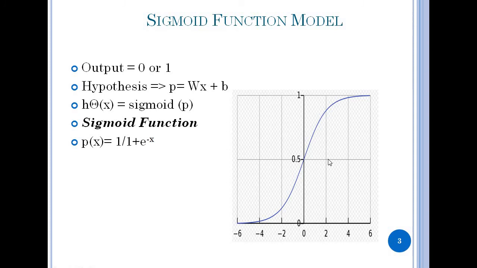So here if the threshold value is 0.5 and the value crosses 0.5, like 0.6, 0.7, 0.8, this will be a different class. It is going to fall under one category, whereas if the value is lesser than the threshold value of 0.5, then it is going to fall in the category from 0 to 0.5.